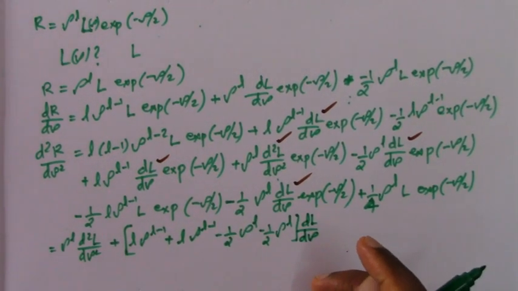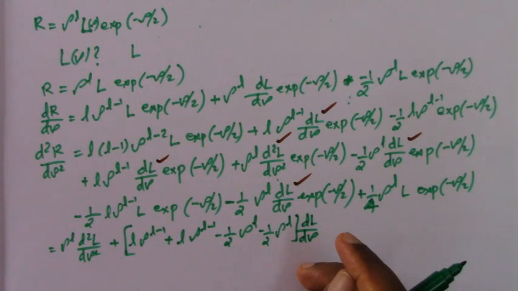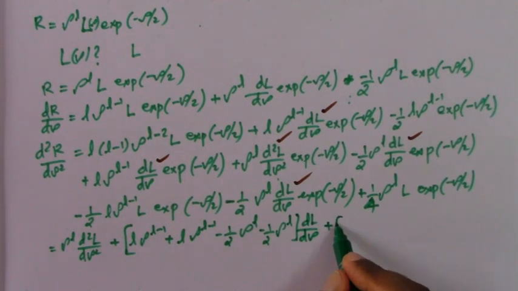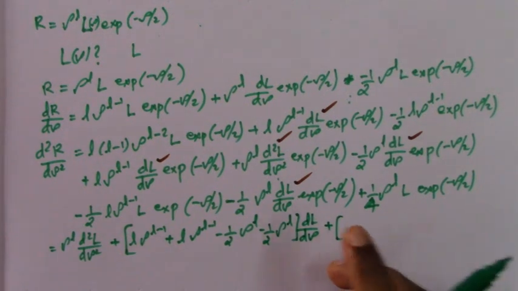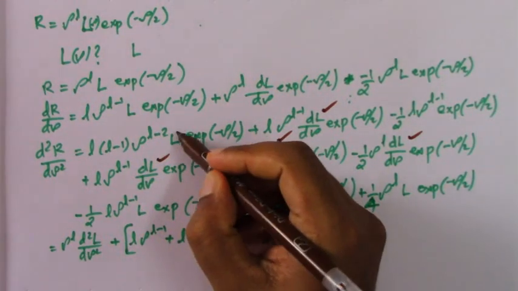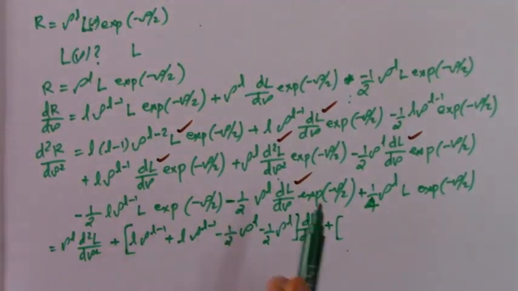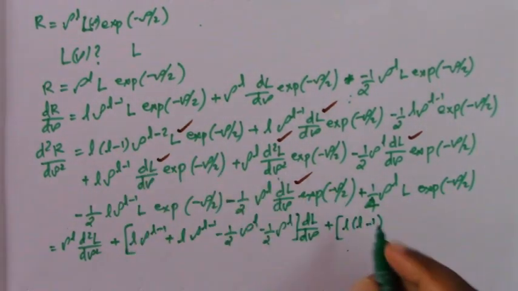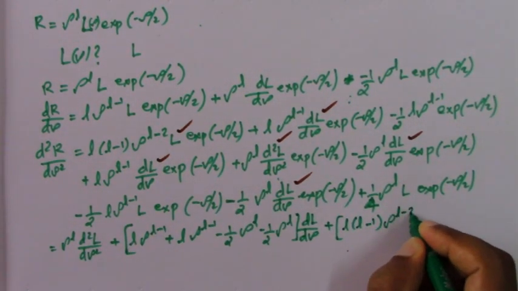And now we will move on to the next, that is the L terms. Plus, let us begin a bracket again to put all the L terms together, and this is the first L term, that is L into L minus 1, rho raised to L minus 2.